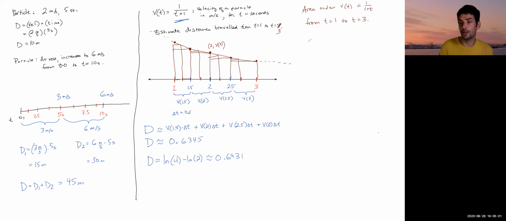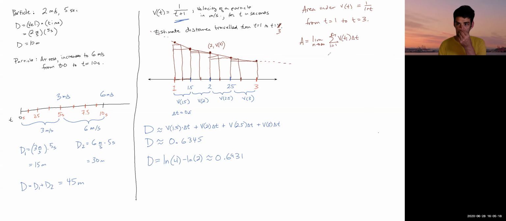So our formula for this area, remember, is the limit as n goes to infinity of the sum from i equals 1 to n of v of t sub i delta t, where n is the number of intervals, and delta t is going to be the difference in the endpoints, 3 minus 1, divided by n, equals 2 over n.